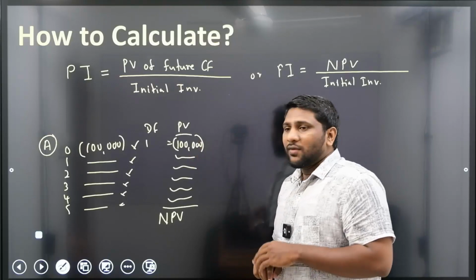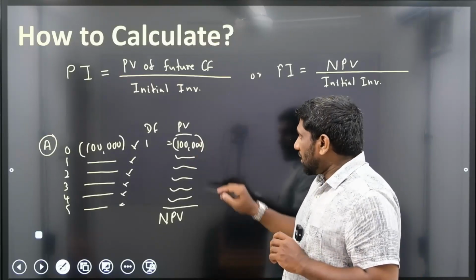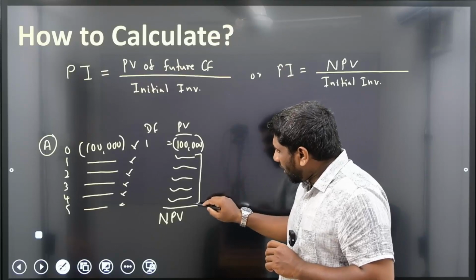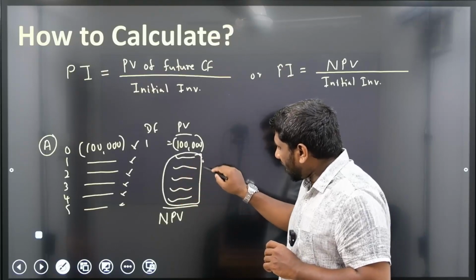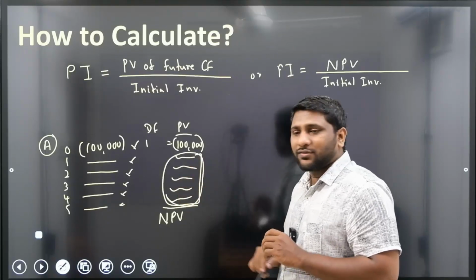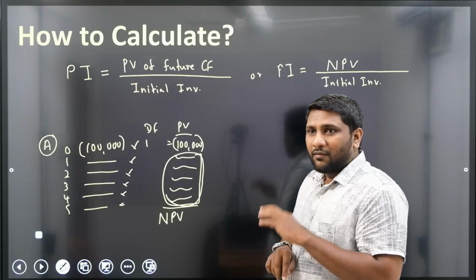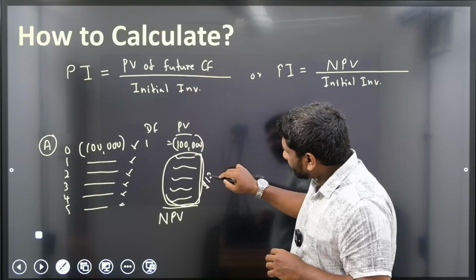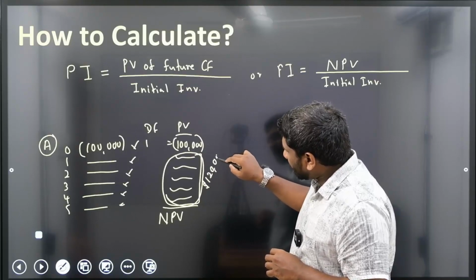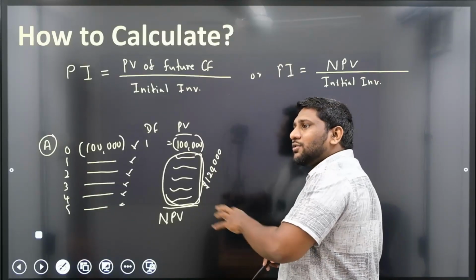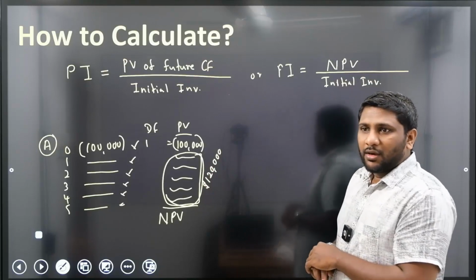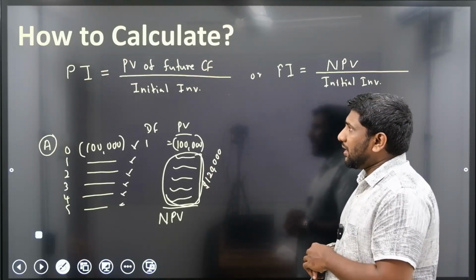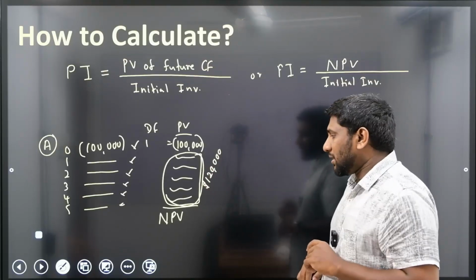And we'll assume the present value of all the future cash flows that you are generating is maybe 120,000. I have given you some information here. Now let's calculate the profitability index using method 1 and method 2.